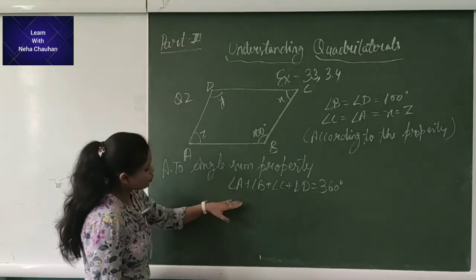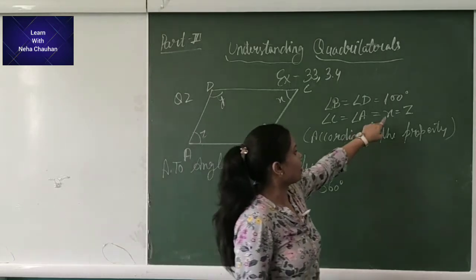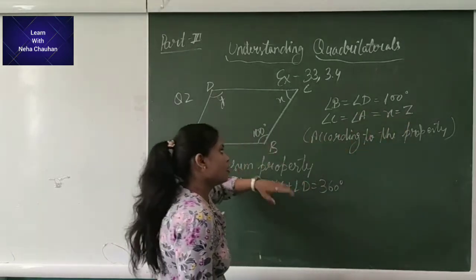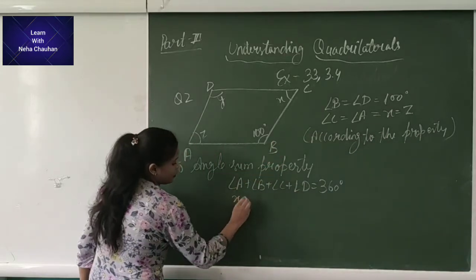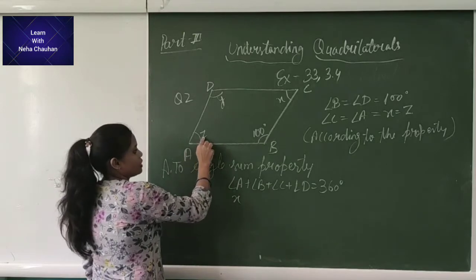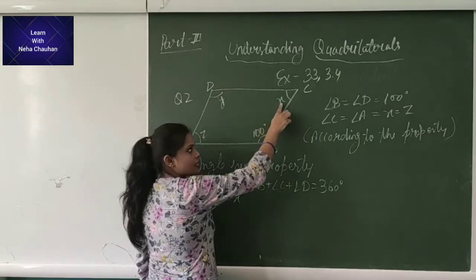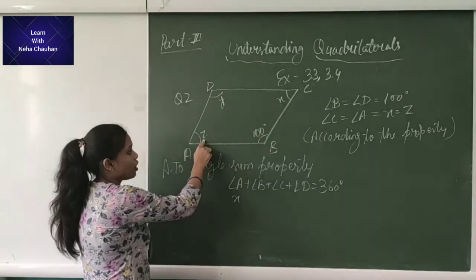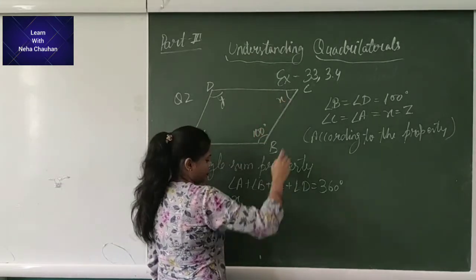Now, as we know, angle A is equal to X and Z. So, suppose we write X here, alright? Because this Z is equal to X. So, we can write in place of Z, X.